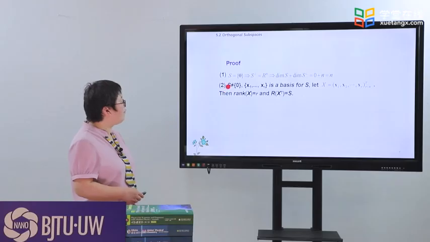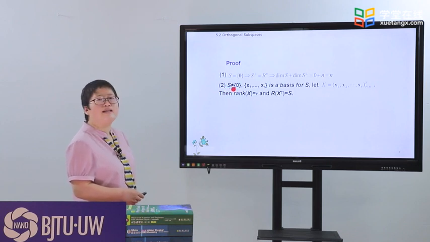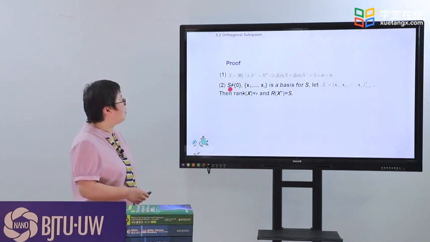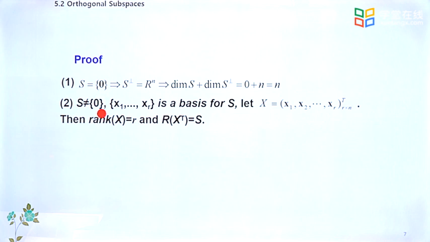And in the other case, where S does not equal the trivial subspace {0}, we suppose x1 till xr is a basis for S, and we let matrix X equal [x1, x2, till xr] transpose, which is an r by n matrix.